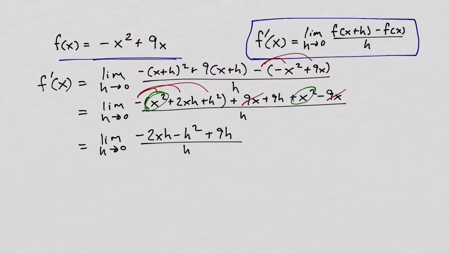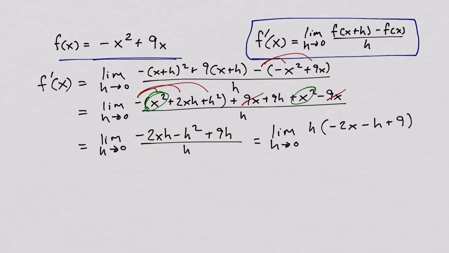And what's kind of cool about this, what you'll notice is all of the terms in the numerator here have an h in them. So I could factor out an h. Again, I haven't taken the limit yet, so I'm going to write the limit as h goes to 0. I can factor out an h, and it leaves behind negative 2x minus h plus 9.